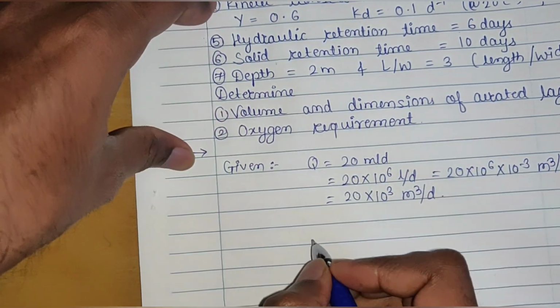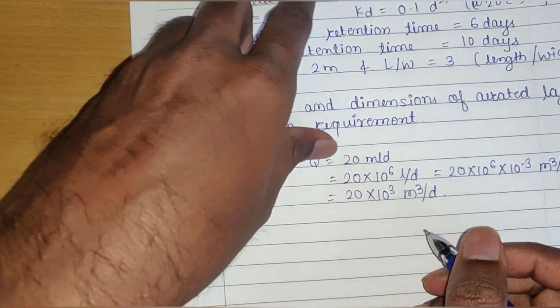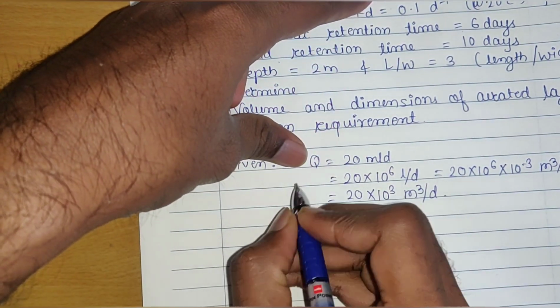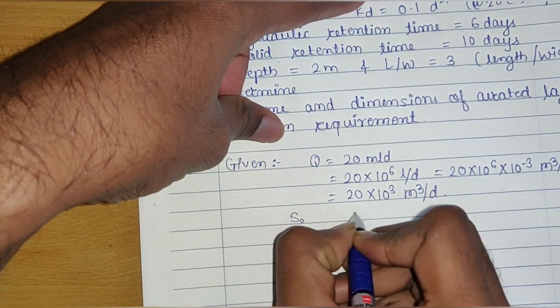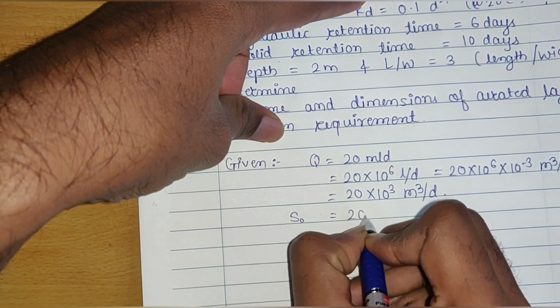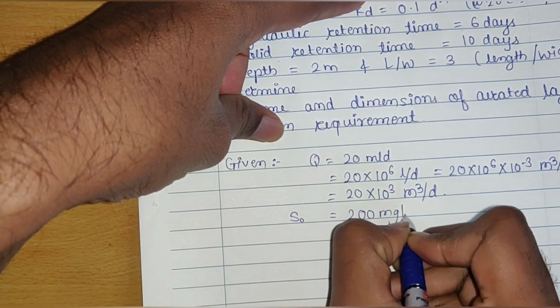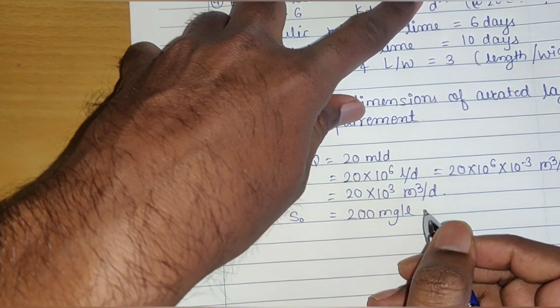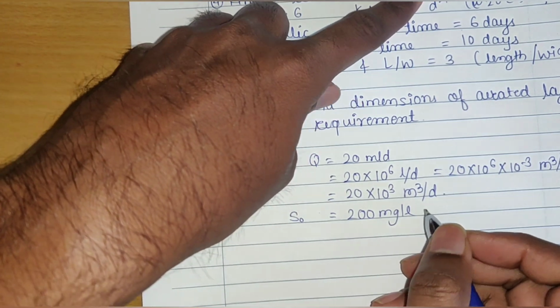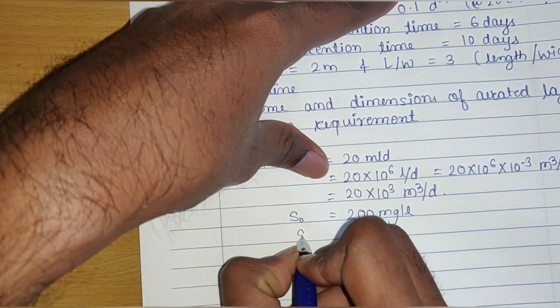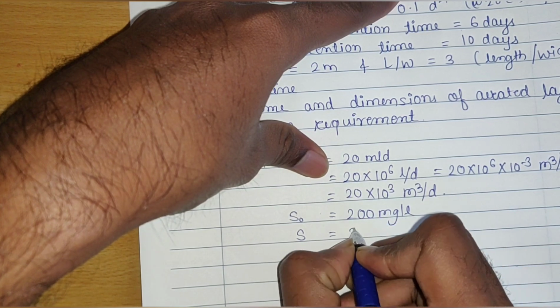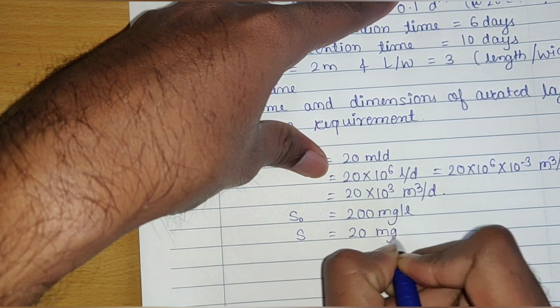Then, what is given? Raw sewage BOD, S naught, is given as 200 mg per liter. Desired effluent BOD is given as 20 mg per liter. That means capital S value is 20 mg per liter.